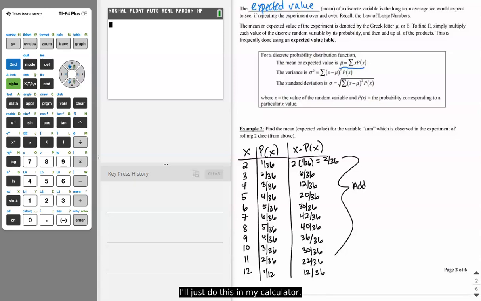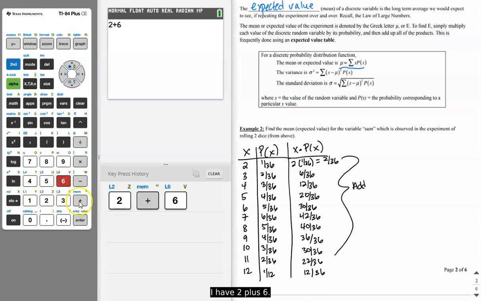So I'll just do this in my calculator. All I'm doing is adding, let me highlight here so you can see what I'm doing, just the numerators, and then I'll write this all over the 36.